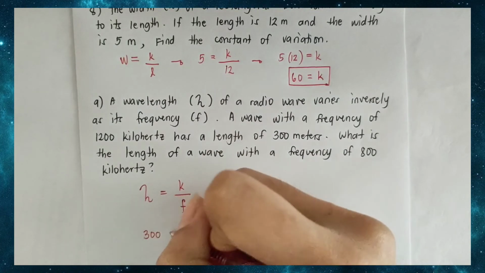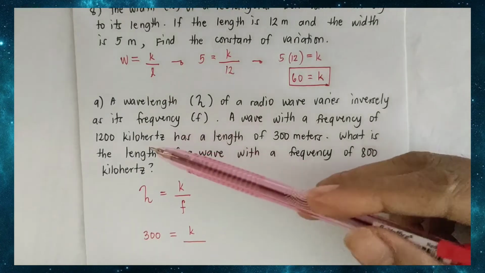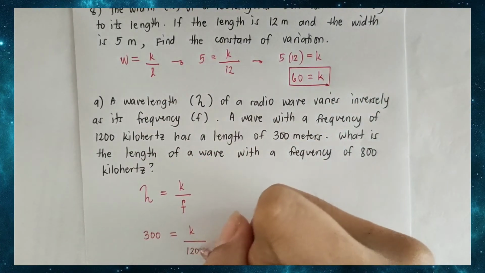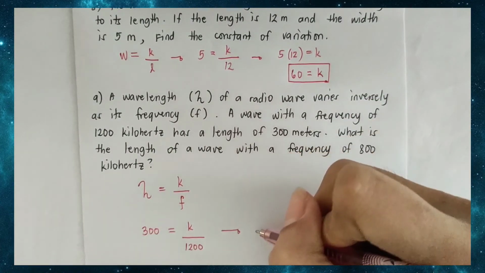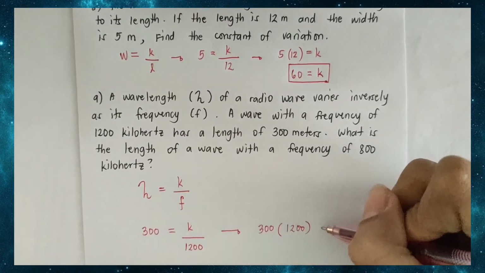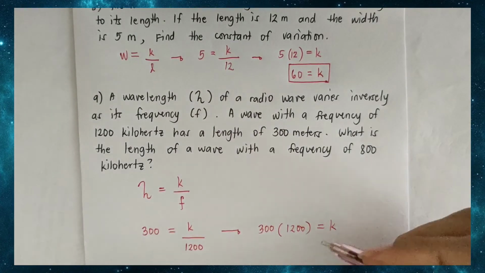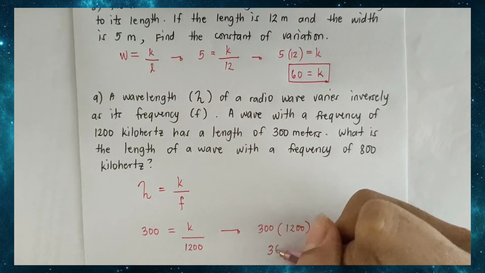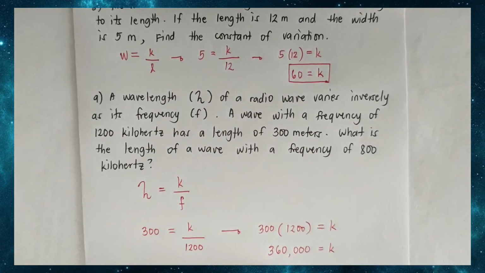So write 300 is equal to k over your frequency is given, which is 1,200 kilohertz. Cross multiply. 300 times 1,200 is equal to k. So compute, let us find the product of these two. 360,000 is our k.